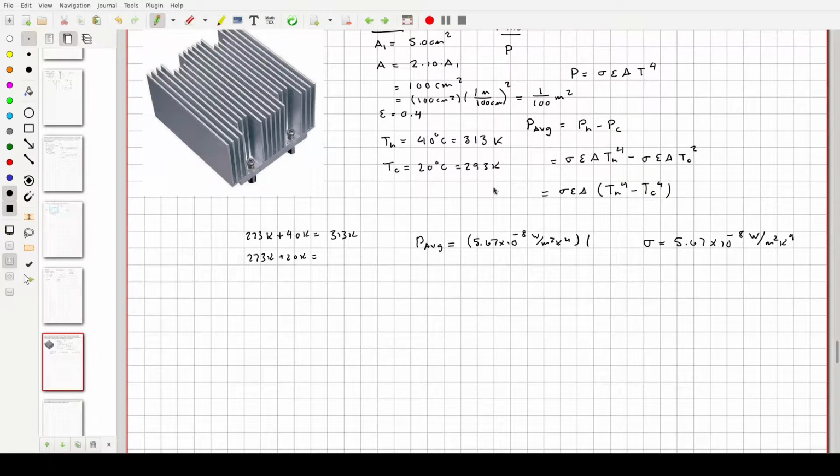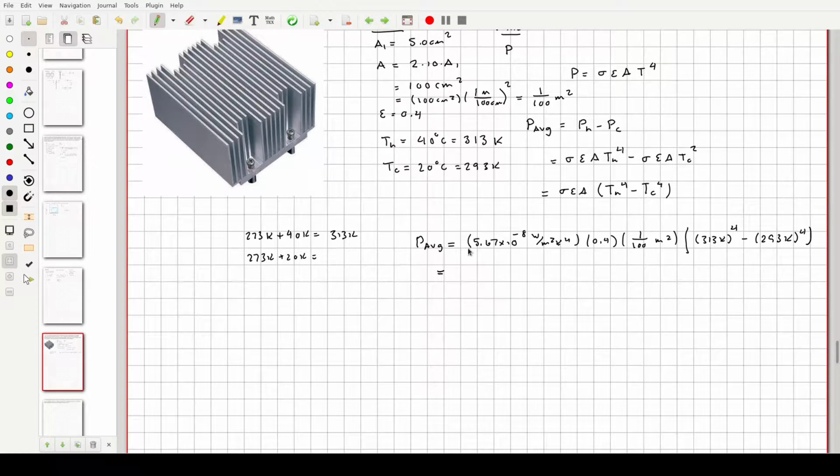Epsilon, that's the emissivity, 0.4. The area is 1 over 100 meters squared. And then we have our temperature difference, which is 313 Kelvin to the 4th power minus 293 Kelvin to the 4th power.